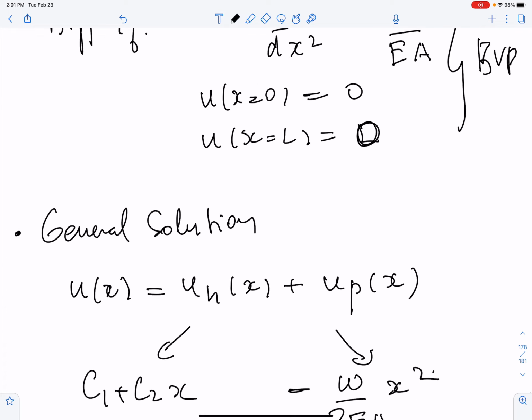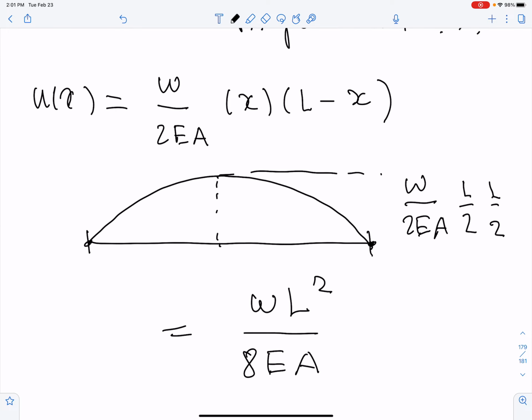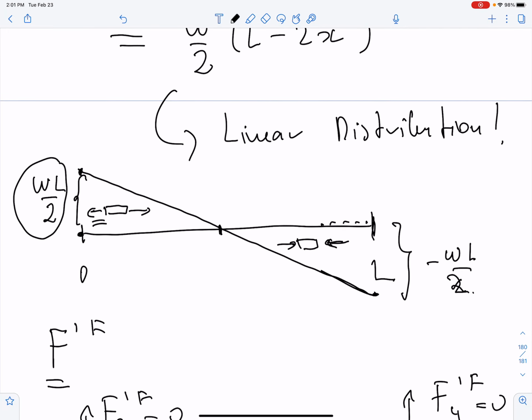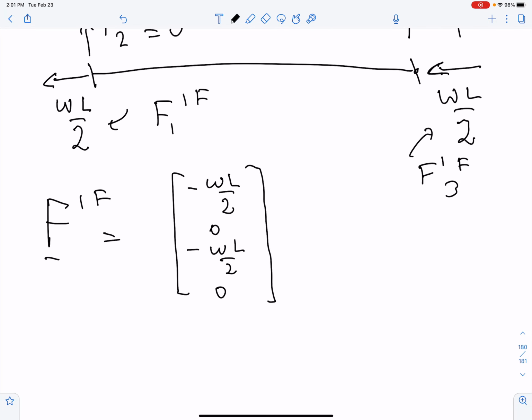And that's exactly what you see here. Half of this load makes it into the first part of the vector, and the other half of that load ends up there. So these two loads of WL over 2 are resisting the corresponding constant load of W spread over the distance L.